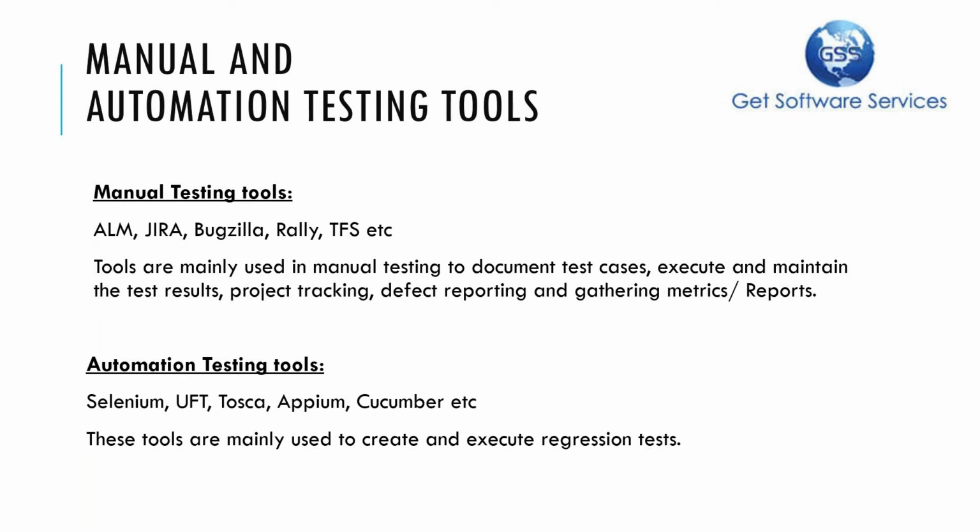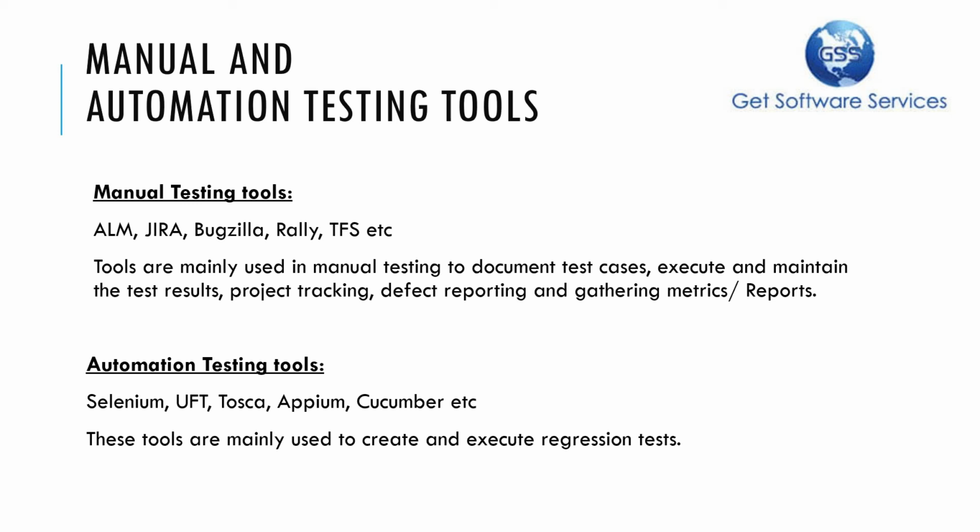Now let's look at the widely used manual and automation testing tools in the market. There are many tools available in the market for manual and automation testing. We'll look at some of the examples. ALM, Jira, Bugzilla, Rally, Team Foundation Server, these are all manual testing tools. They're mainly the test management and defect tracking tools.